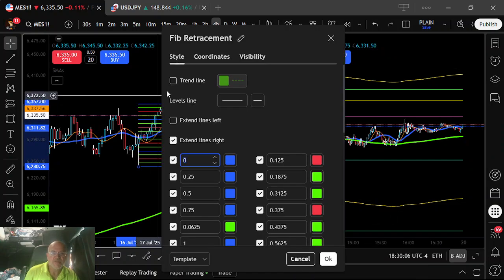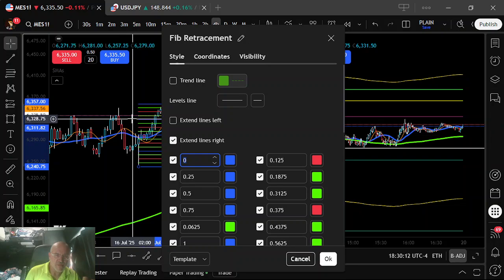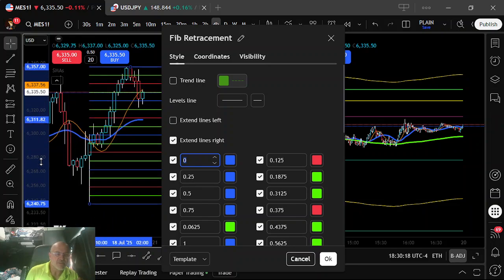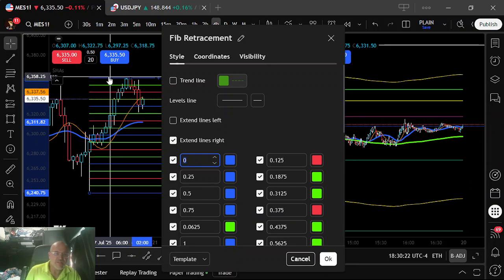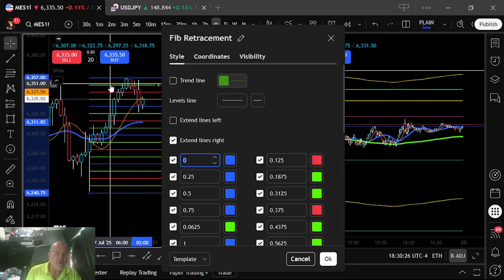Then we will go to the settings, and all this is sixteenths. I have quarters, which are quad levels, 4 quads per range. Let me open this up a little bit so you can see better. The blue lines are my quad levels. This is either 0 or 1, depending on which way we moved.